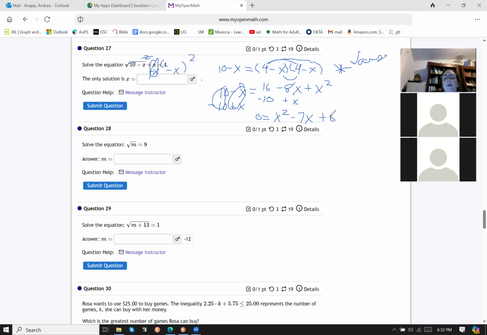And now this can be factored as a binomial times another binomial. We think what times what is x squared? That would be x times x. Now we have to think what multiplies to 6 that adds to negative 7. Any thoughts?